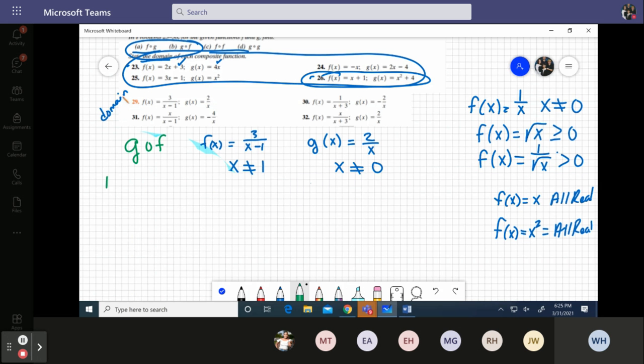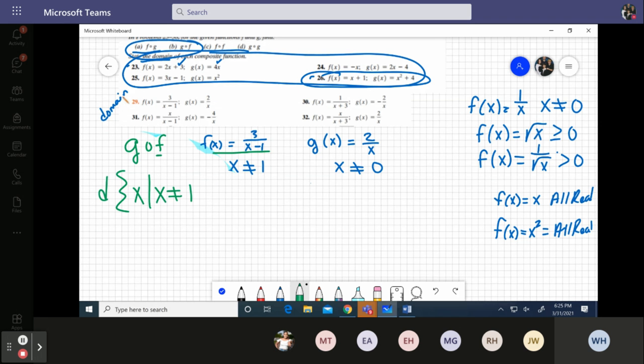G of x. So I already know my first part. Your inside function restriction automatically goes there. So x cannot equal 1.